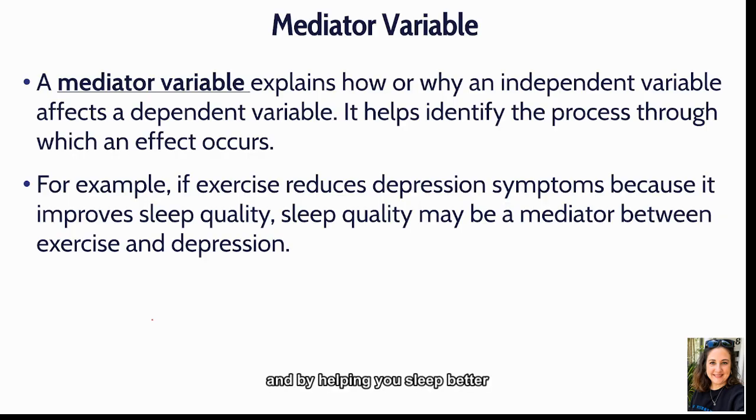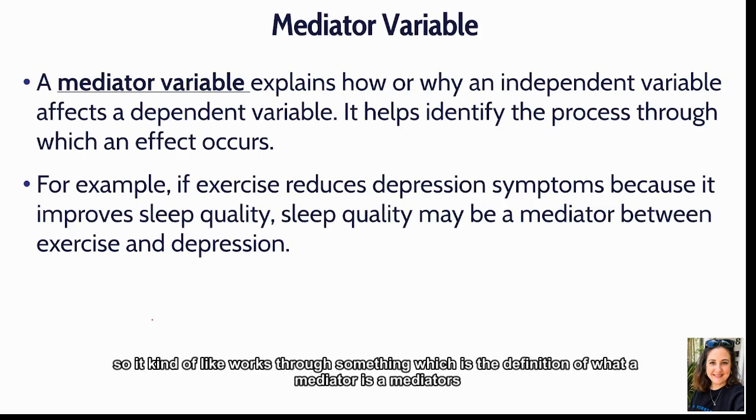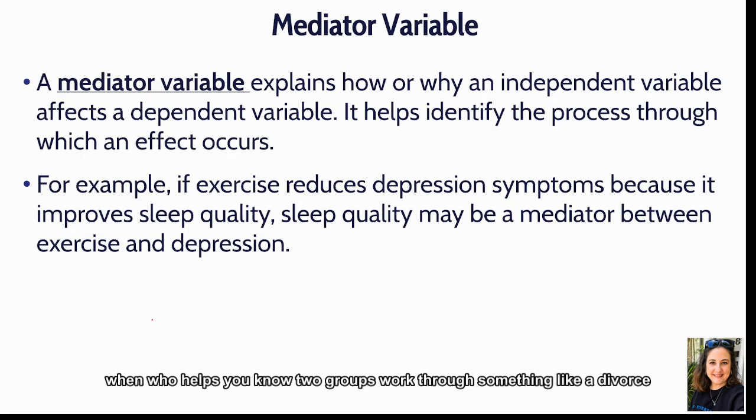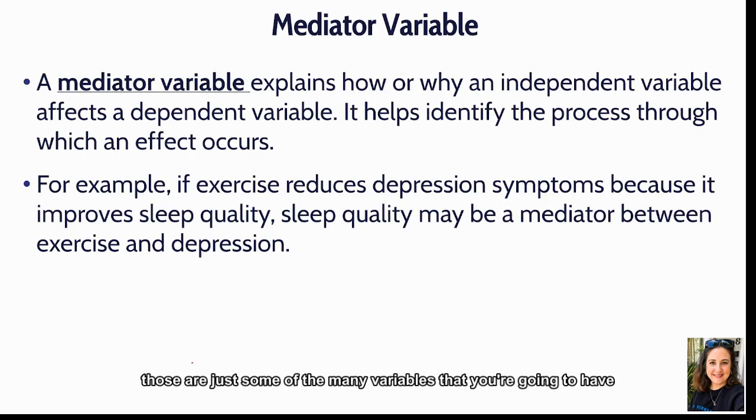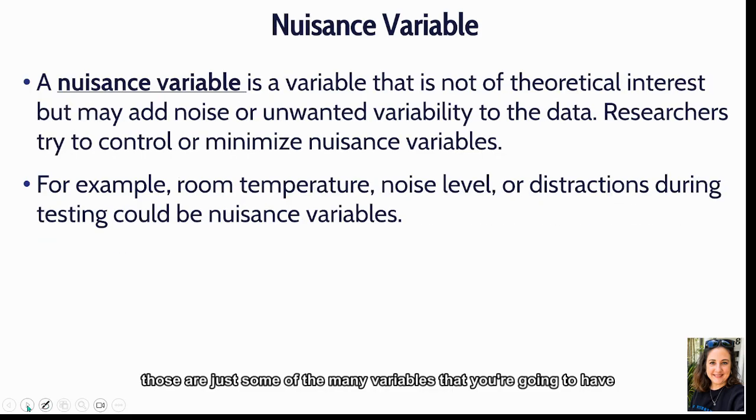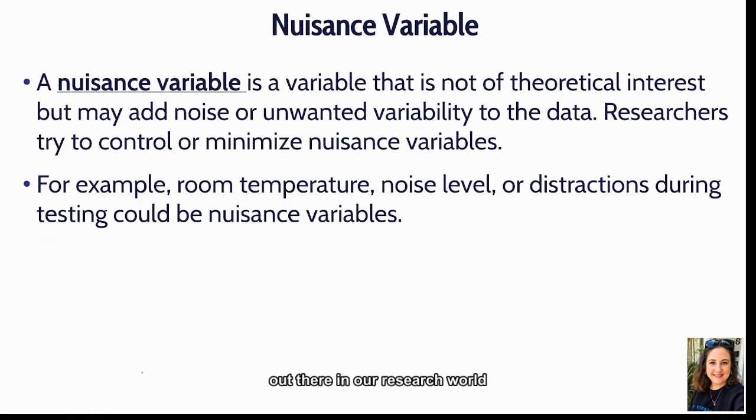And by helping you sleep better, you feel better when it comes to depression. So it kind of works through something, which is the definition of what a mediator is. A mediator is someone who helps two groups work through something, like a divorce, okay? Those are just some of the many variables that you're going to have out there in our research world.